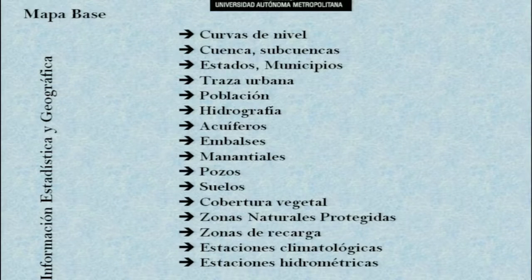We also need the political information from the states and the municipalities, because when we produce the water management information, we exercise this information based not on the water network and the basins and sub-basins, but based on the political divisions, the municipalities, the delegations.